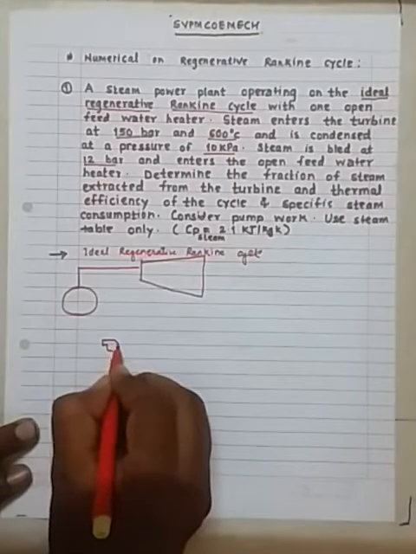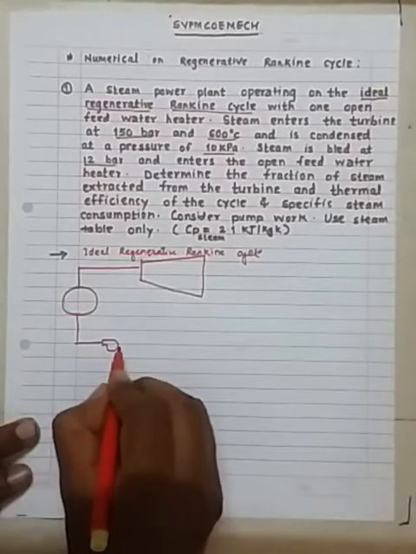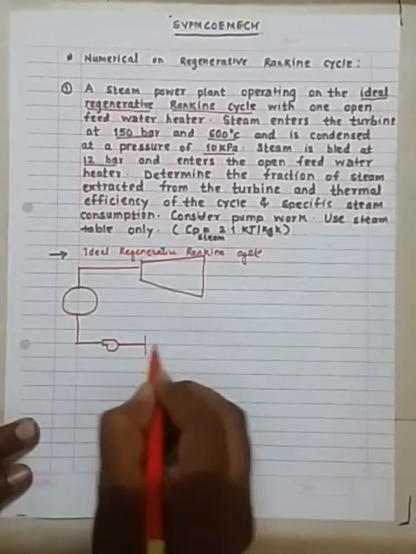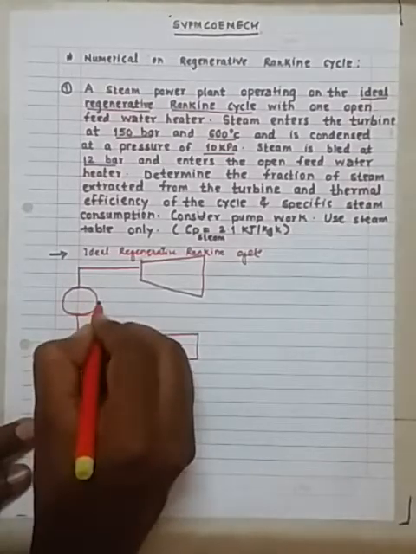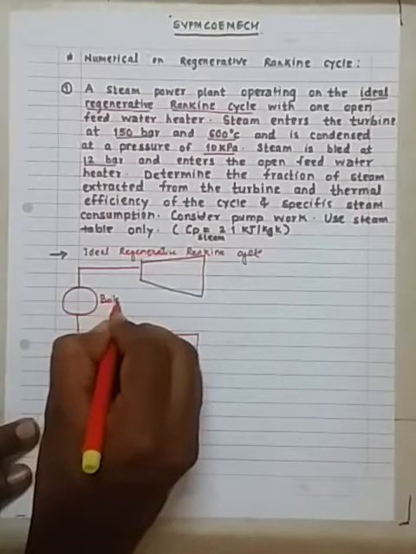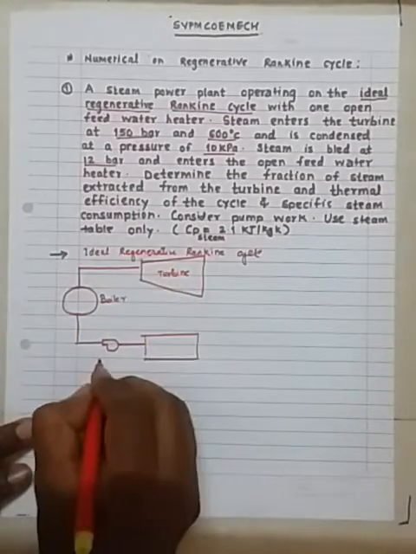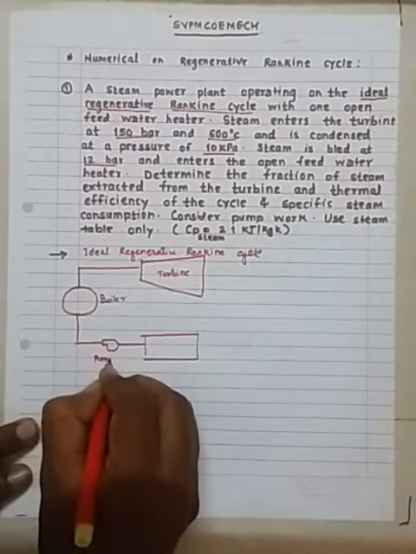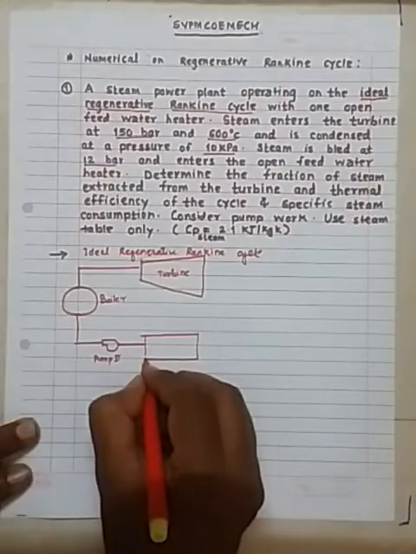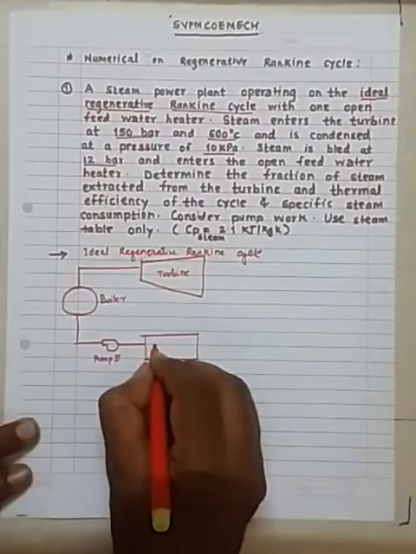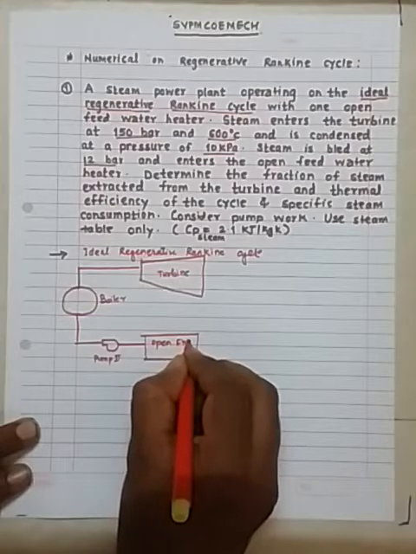So this is the pump. This is the boiler, this is the turbine, this is pump 2 we have, and this is the open feed water heater.